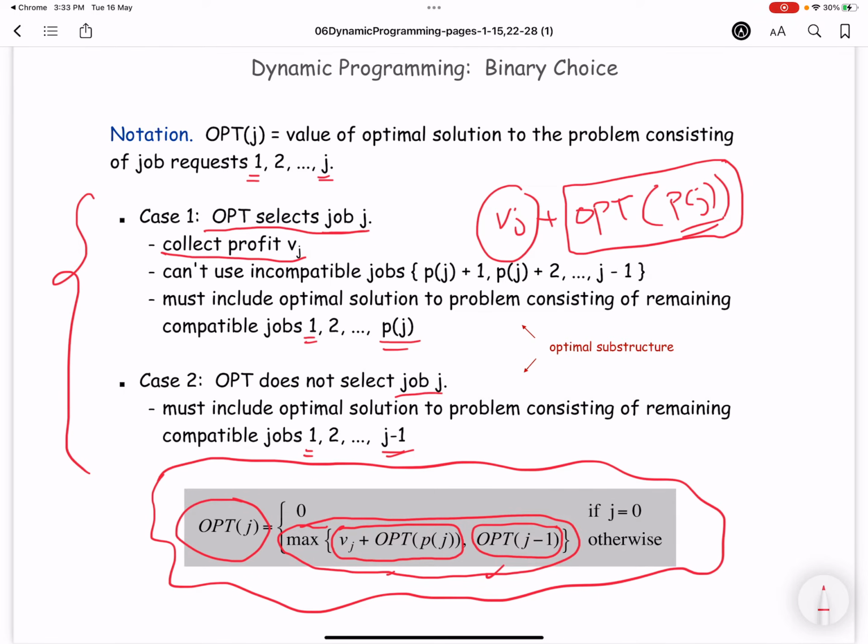So if you see, it's a kind of recursive formula. OptJ depends on opt J minus 1 and some previous opt as well. So it depends on 2 values. And for sure, if J is 0, if you don't have any job or interval, then the value is 0. So this is the recursive formula that you will get, and based on this, you will build the dynamic programming.